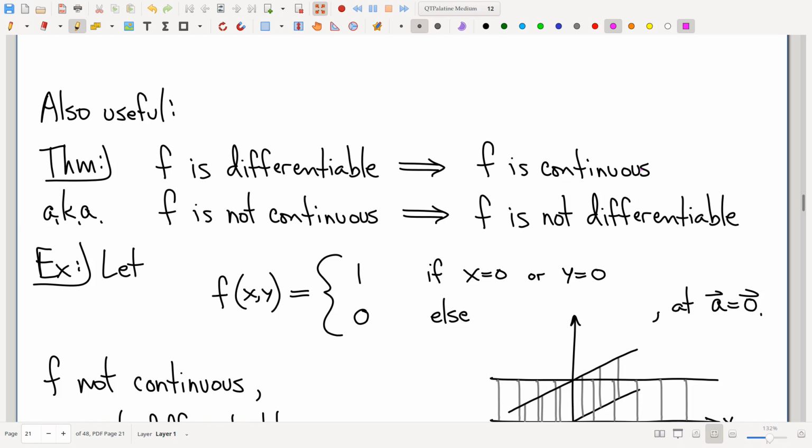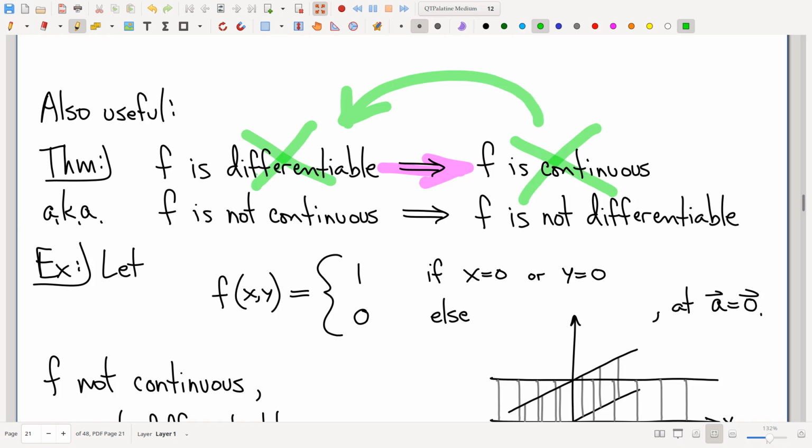And basically it says if you have an implication, right, if P implies Q, then if the conclusion fails, then the hypothesis must have failed also. And that's all it says, right?